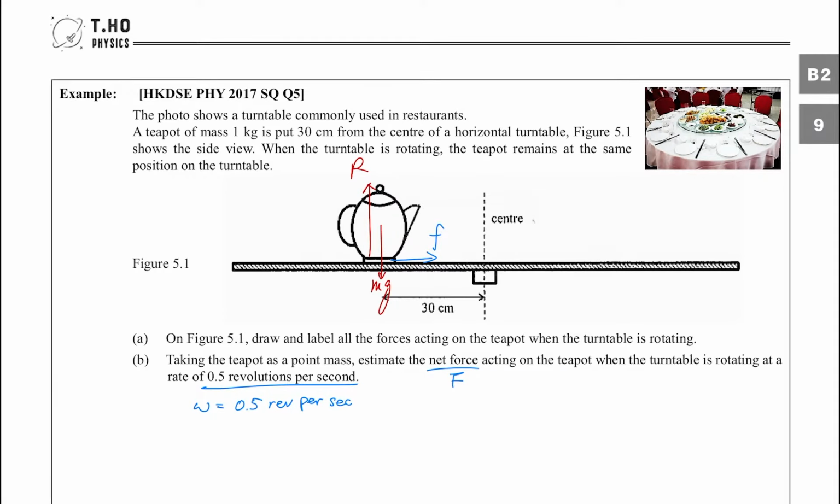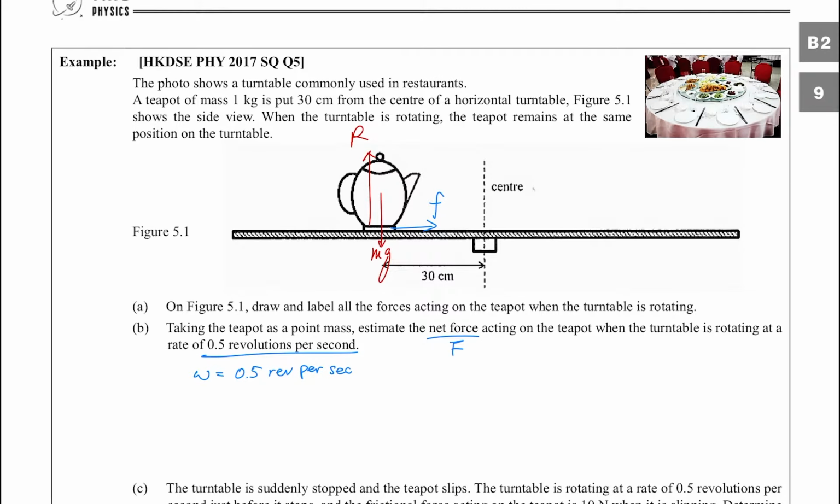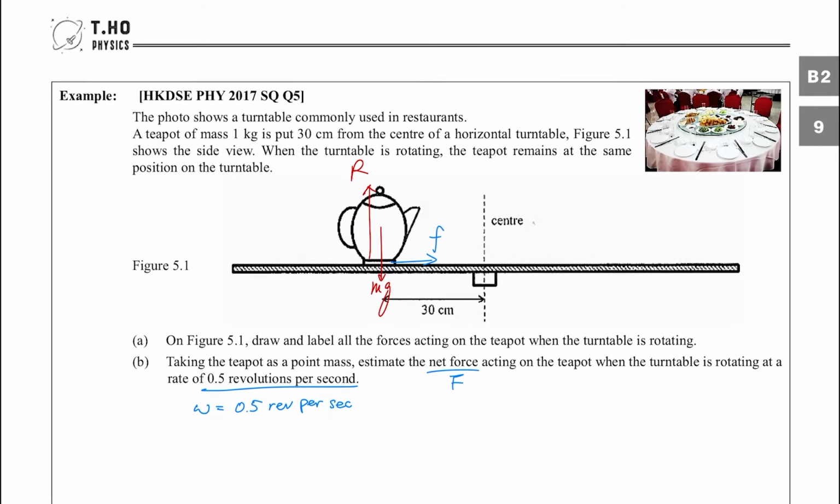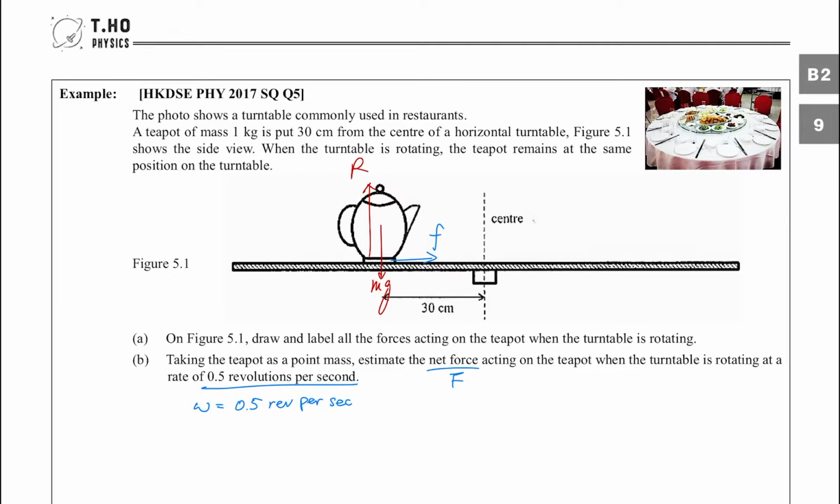This is talking about the angular speed. Of course, we have to change the units because normally we would use radian per second. So bear in mind that 1 revolution is 2 pi. So now we have this much of radian per second, which equals pi radian per second.